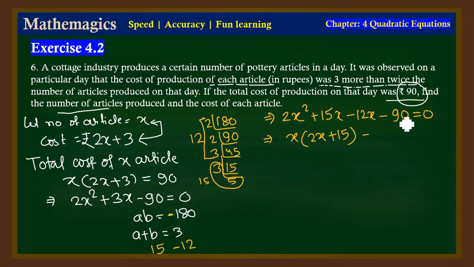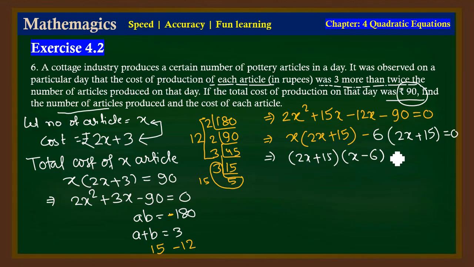So here from both the cases 6 will go common, so minus 6 will go common, and the remaining part becomes 2x plus 15, is equal to 0. So finally dear friends, from both the cases 2x plus 15 will go common, so the remaining part becomes x minus 6, that is equal to 0.